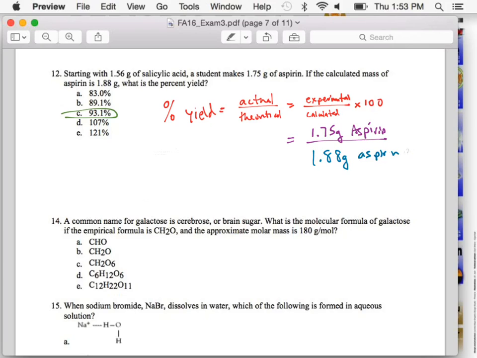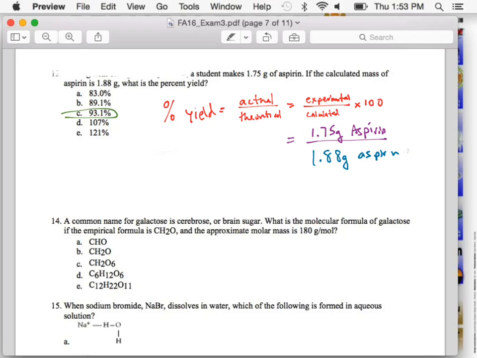Yes? You don't even care about the top one, the 1.56? So when we look at this question, let's change it up a little bit to the parts that we used. A student makes 1.75 grams of aspirin. If the calculated mass of aspirin is 1.88 grams, what is the percent yield?